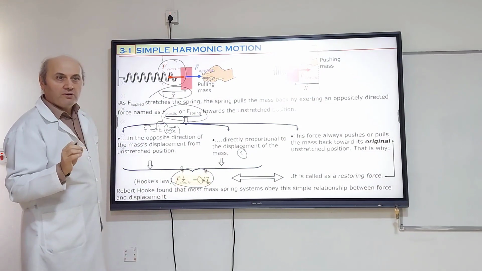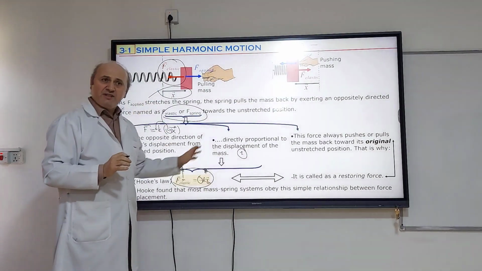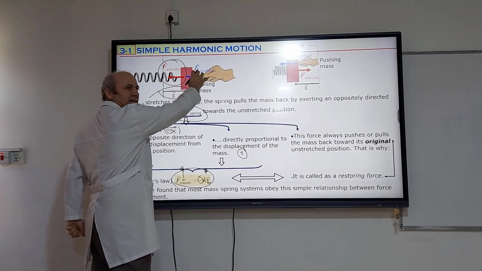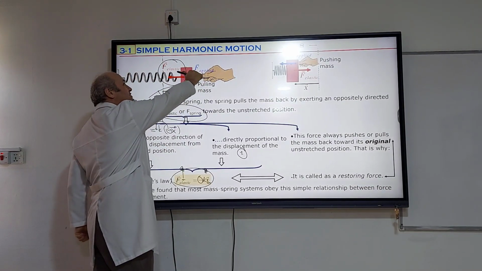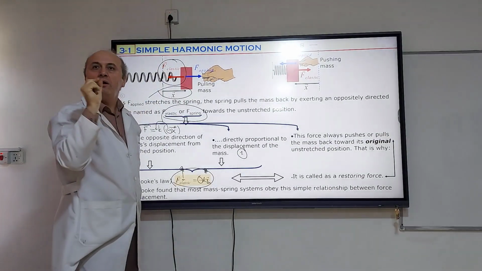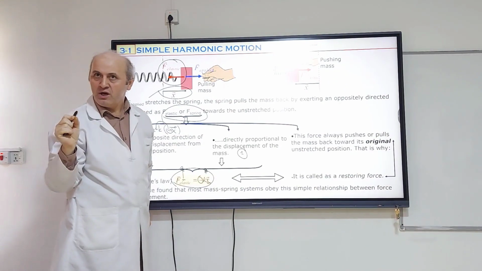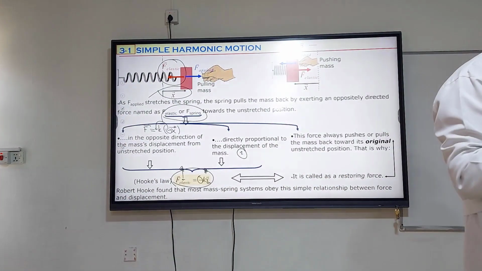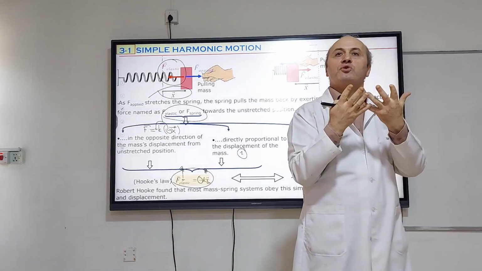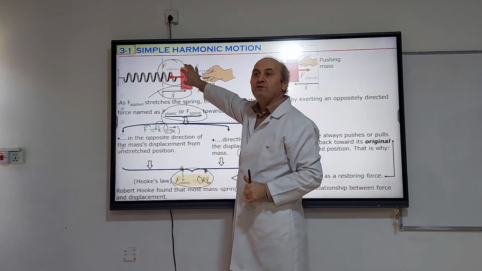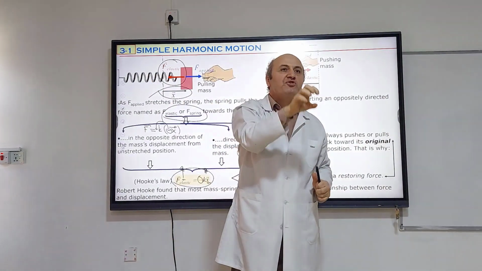opposite. What will this force do? If I release this object, this force will take it back to its original unstretched position. To take something back to its original state, especially in the history area, is called restoration. That is, this force always wants to take the object back to its original unstretched position.